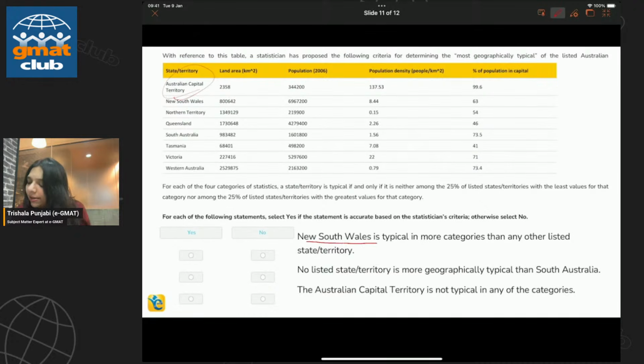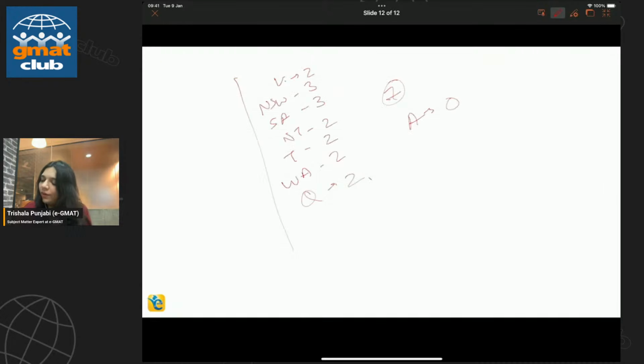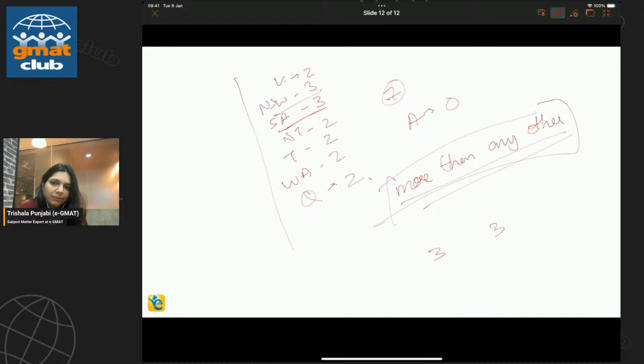New South Wales is typical in more categories than any other listed state or territory. So what does it mean? More than any other. This is a very basic thing, but it trips up a lot of people, which is why I have included this. If this one is also a 3 and NSW is a 3, is it more than any other, or is it equal to?